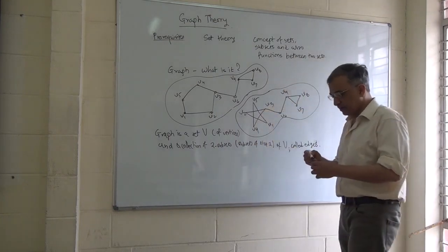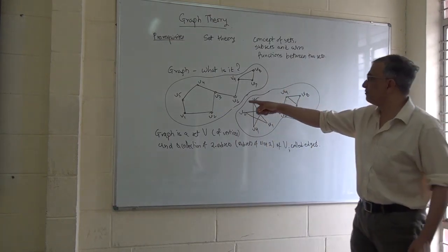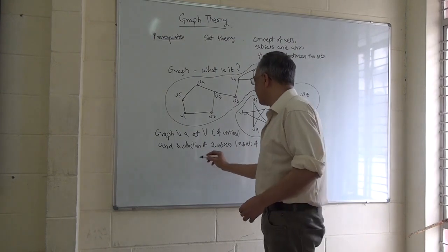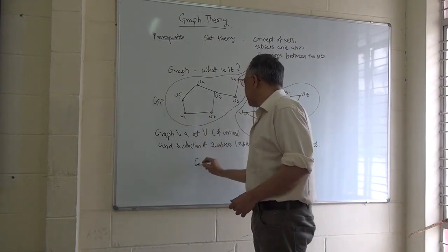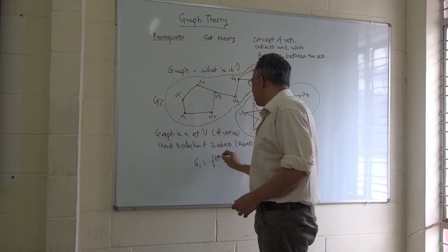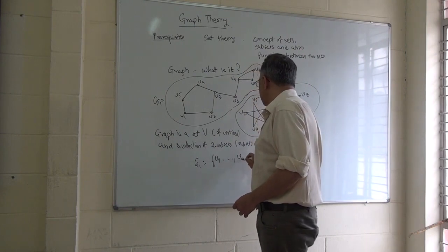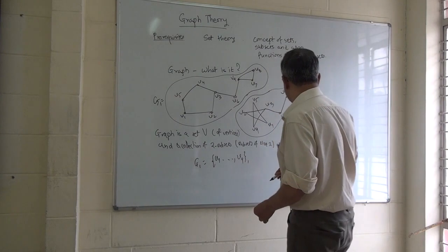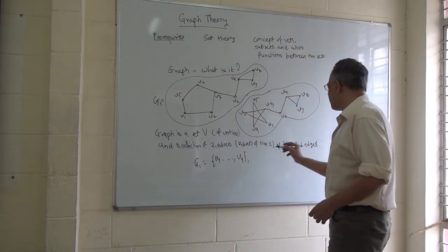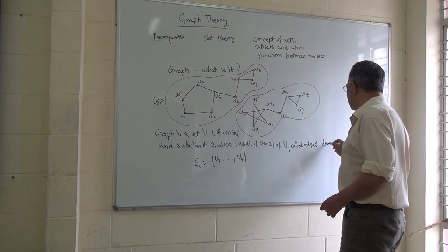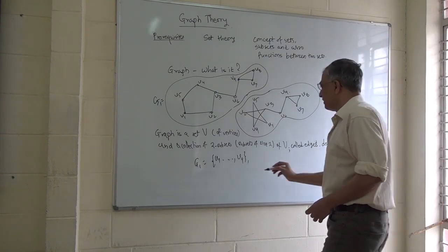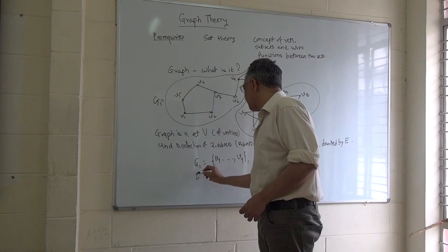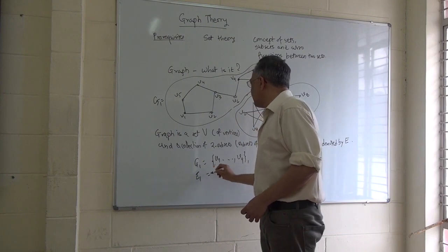So for example, this particular graph now will have 9 vertices. For this, G1 now is V1, V2 up to V9, and the edges we will denote by E1.